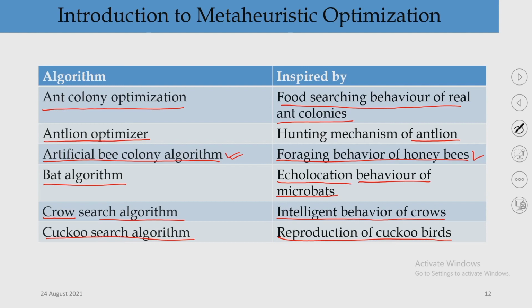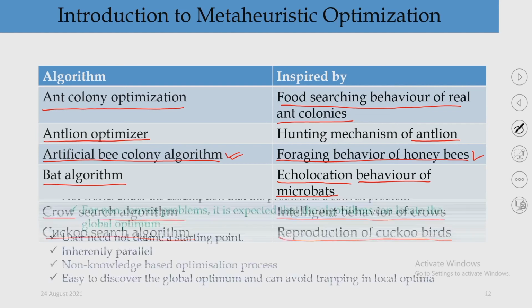These algorithms are inspired by the different phenomena happening in nature. If you look at these algorithms, they are not using gradient information, only the function value. That also I will explain.